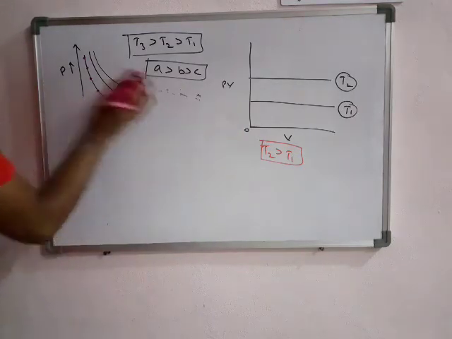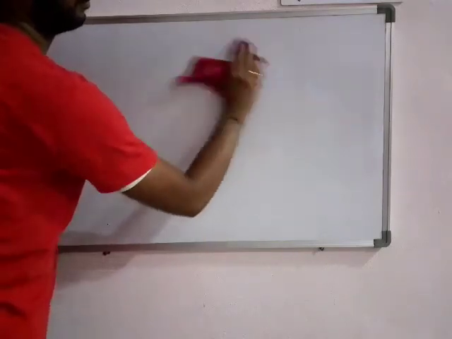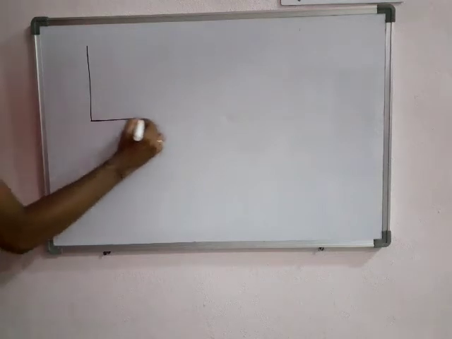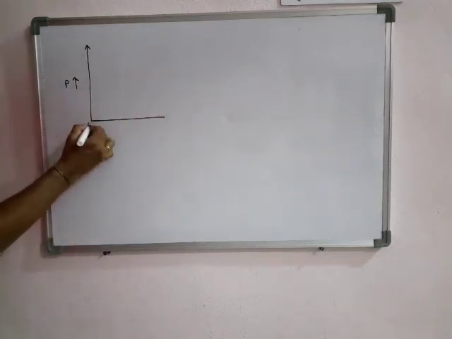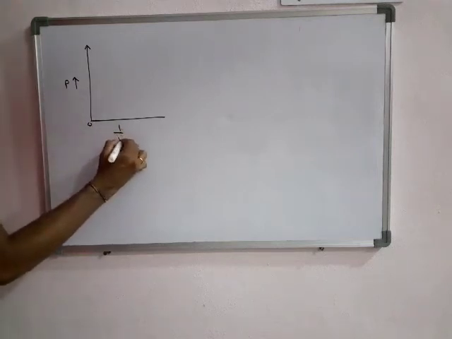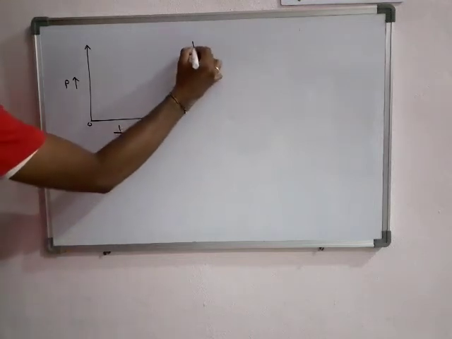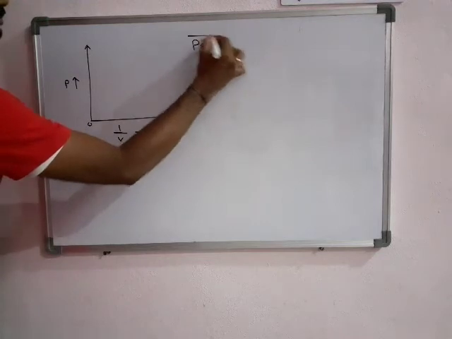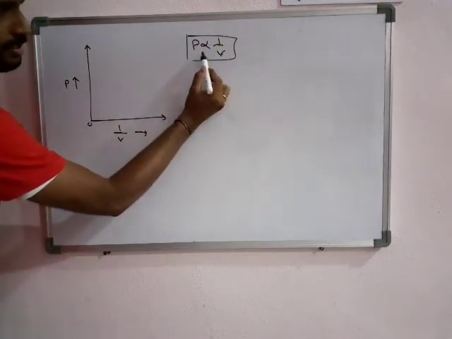Now we see some more isotherms. For example, P on the y-axis and 1 by V on the x-axis. We know that P is proportional to 1 by V. Previously we drew the graphs of P and V, which is inversely proportional.